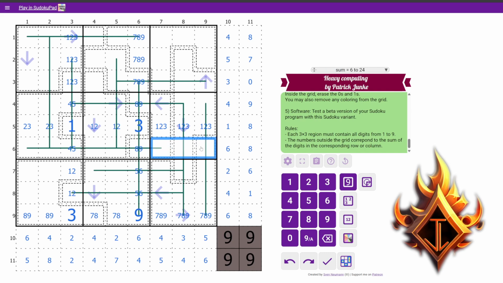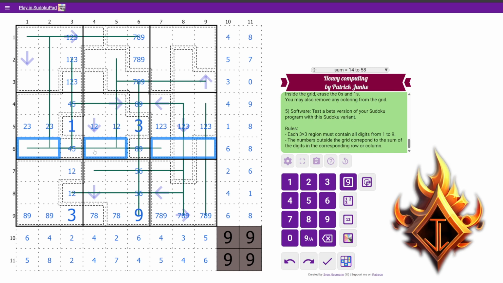Now this way, if we had 7, 8, 9 here, which is 24, and 7, 6 are our highest numbers here, which is 13. 24 plus 13 is 37, plus 17 is 54, and we need 14 more.